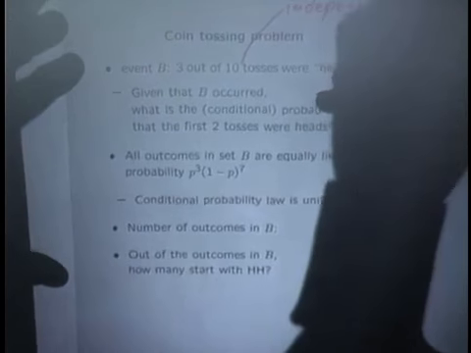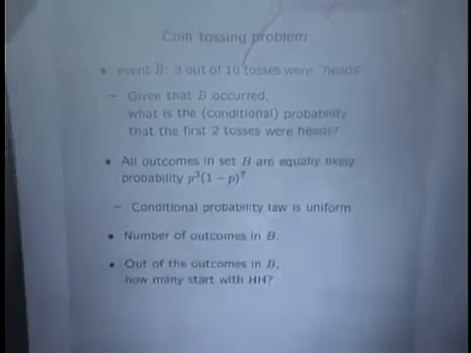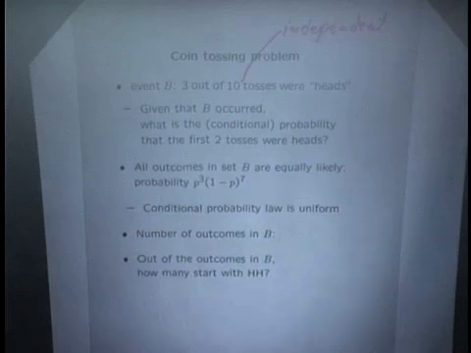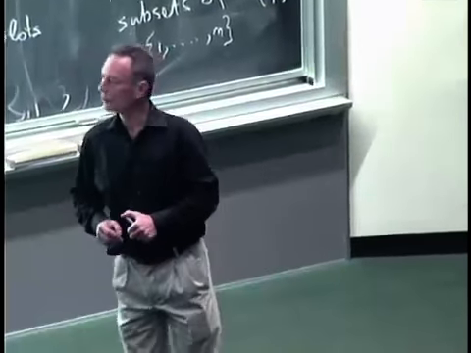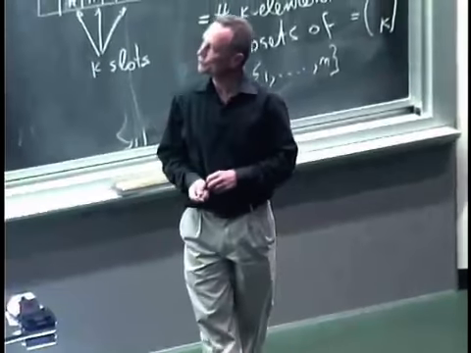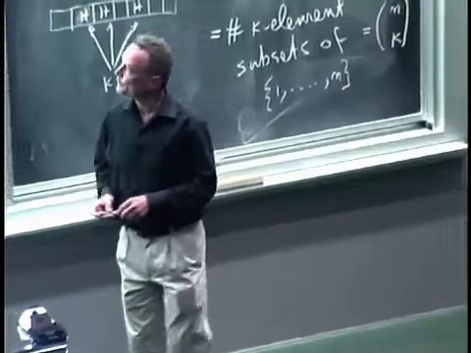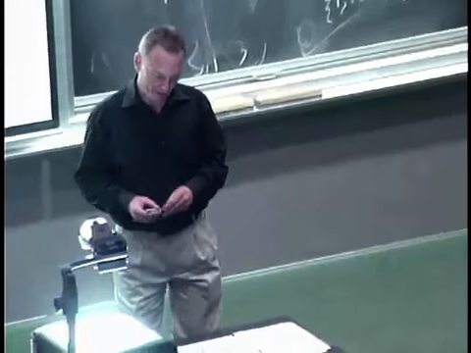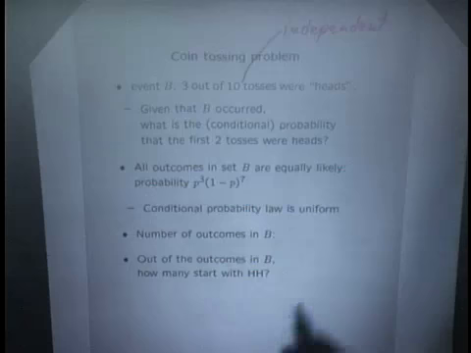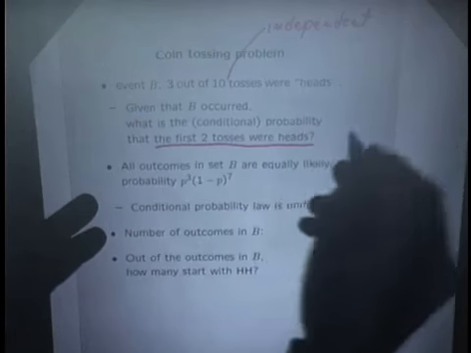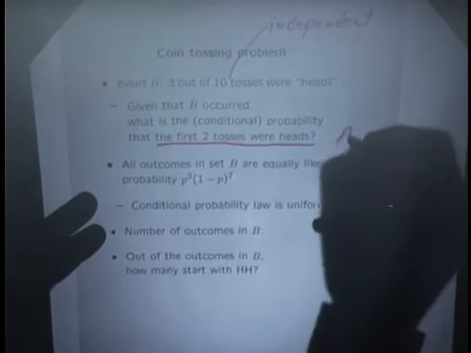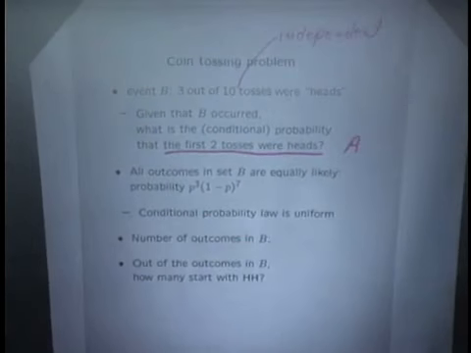We don't see the result, but somebody comes and tells us there were exactly 3 heads in the 10 tosses that you had. So a certain event happened. And now you're asked to find the probability of another event, which is that the first 2 tosses were heads. Let's call that event A.